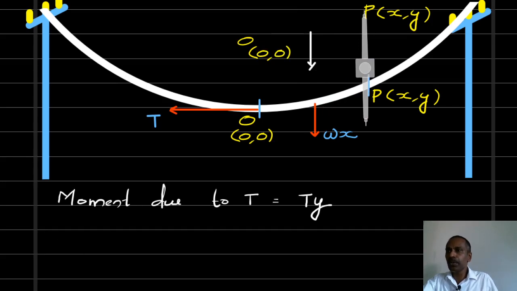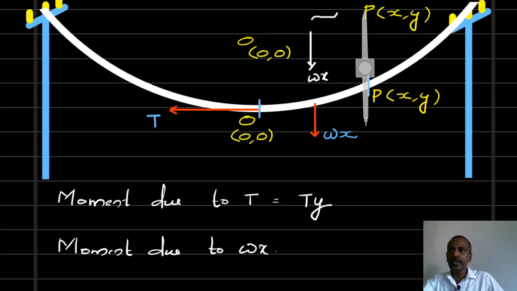Now the moment due to W x, because this is W x, the downward force is W x into the distance between the point where the force is acting and the center of moments.